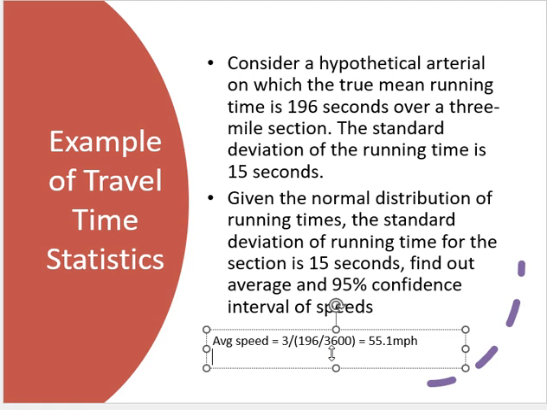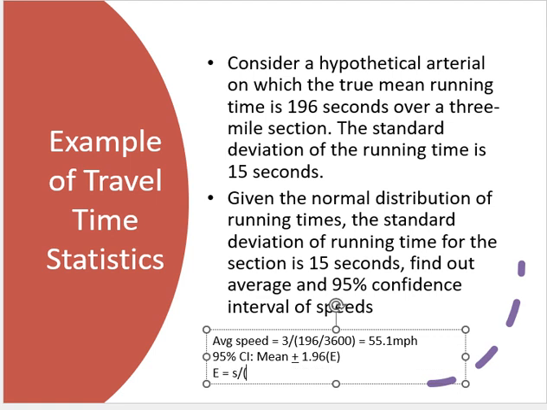Okay. The 95% confidence interval for a normal distribution, you have already studied the central limit theorem, comes from the mean plus or minus 1.96 E, where E is S upon root N. Okay, where S is what?